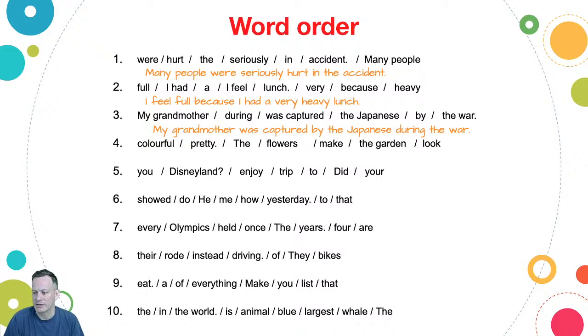Okay, what's next? Colorful, pretty, the flowers make the garden. There are a couple of ways you can do this actually. The flowers make the garden look pretty colorful. You know what? Enrique, I like it because it's different, yeah?